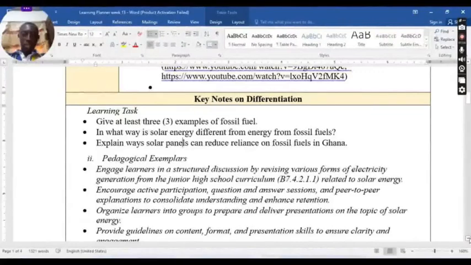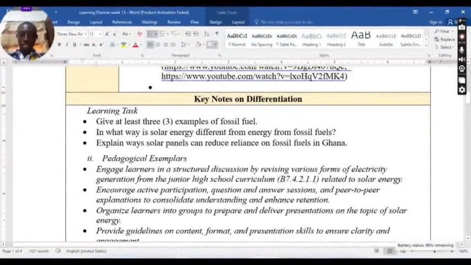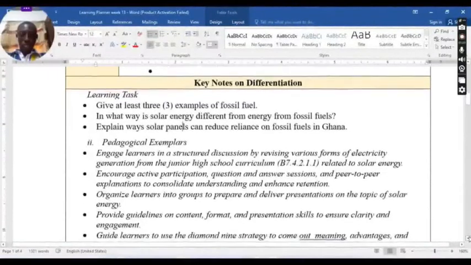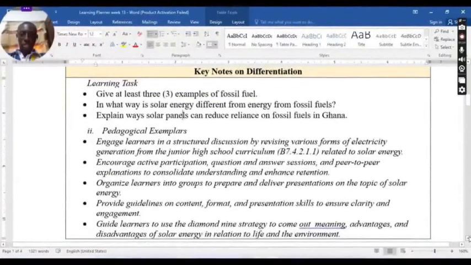Dyscalculia, they have calculation problems. How are you going to individualize or personalize teaching and learning for them? The different groups and categories of learners, how are you going to cater for each of their needs? Alright, so you have to be considering their social and emotional needs, the SEN.